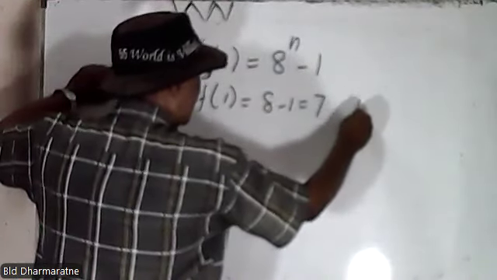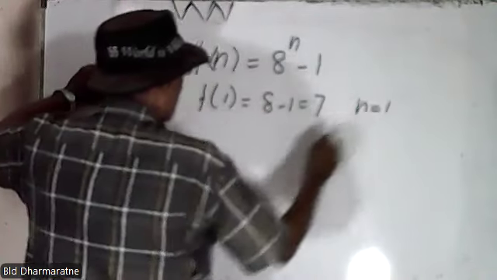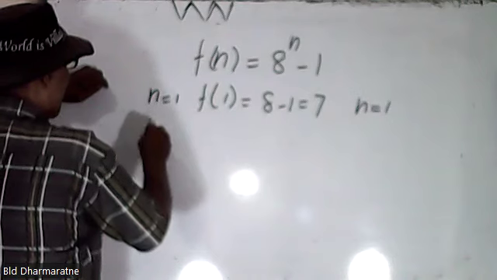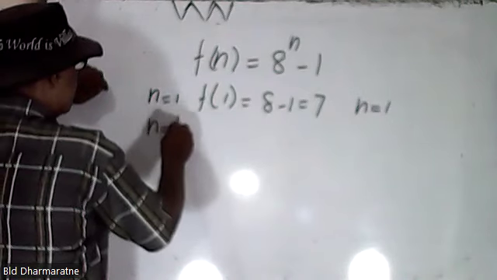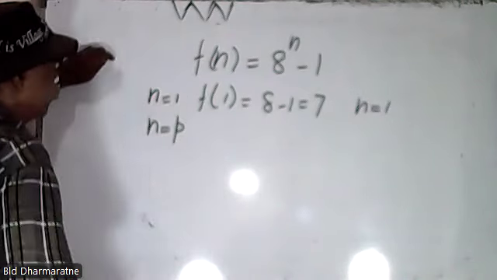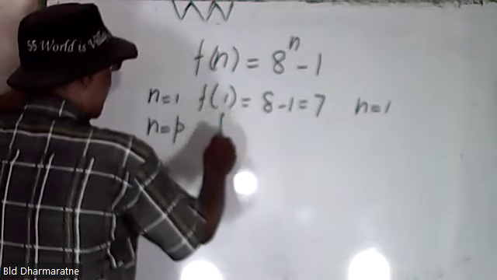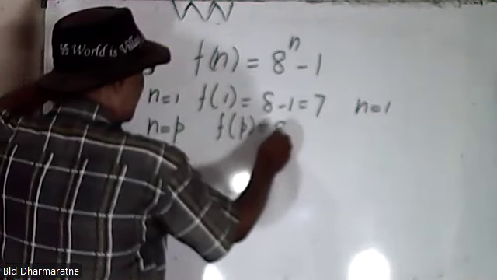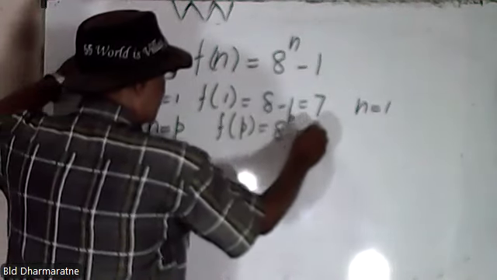That means for n equals 1 the result is true. Now we assume that when n equals p the result is true, then Fp equals 8^p minus 1.